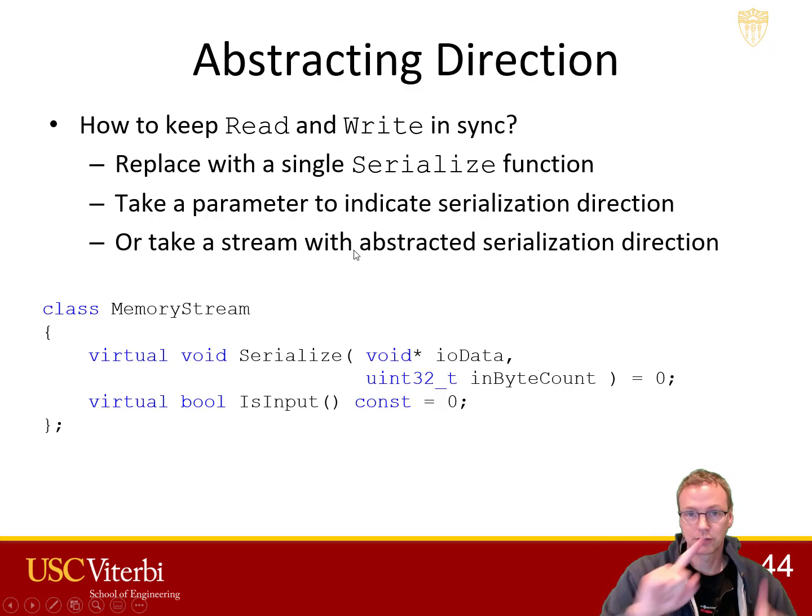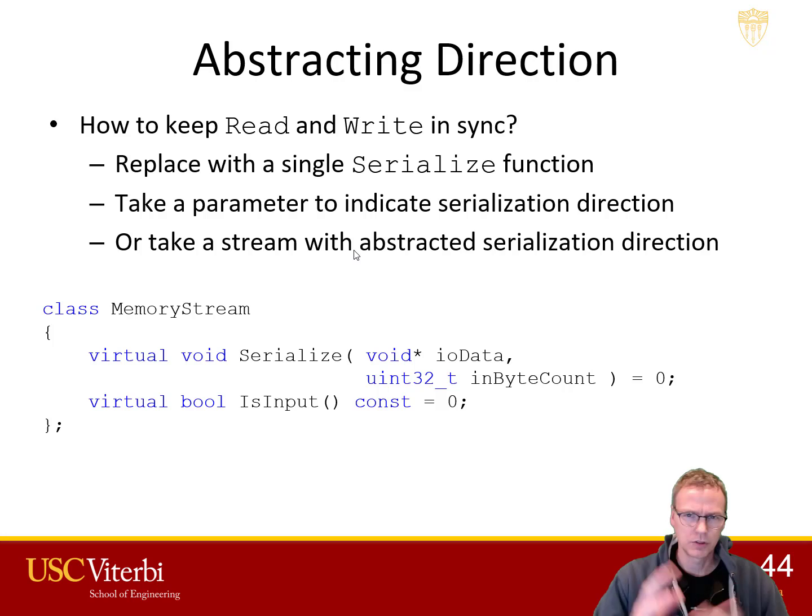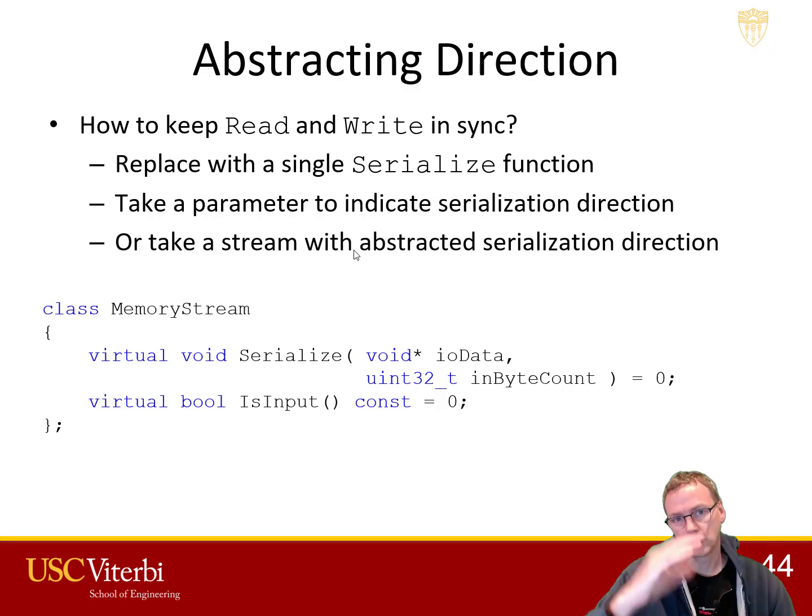And we don't have to write a separate reader and a writer. There tends to be, interleaved in the serializer, sometimes a little bit of, if we're reading, do this, if we're writing, do that. But we do it on an element by element basis as opposed to on the entire function. And that really helps you keep them in sync.